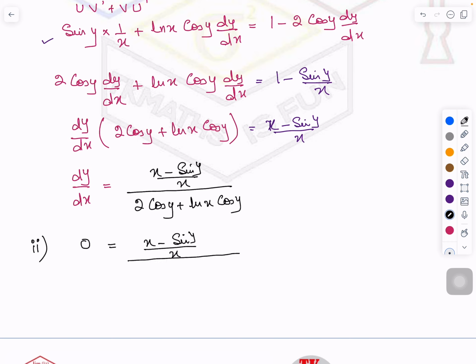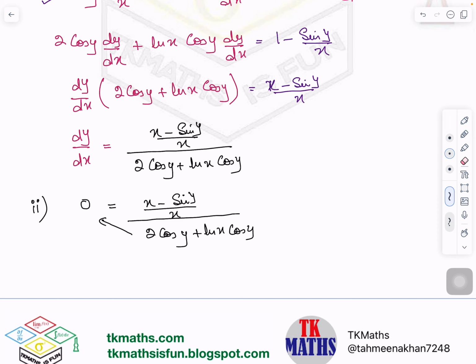So it will lead me to what? Tell me quickly. So if I cross multiply, this term will disappear and I will be left with x minus sine y upon x equals 0. I will take it to the next page, but I want to write down this line here.